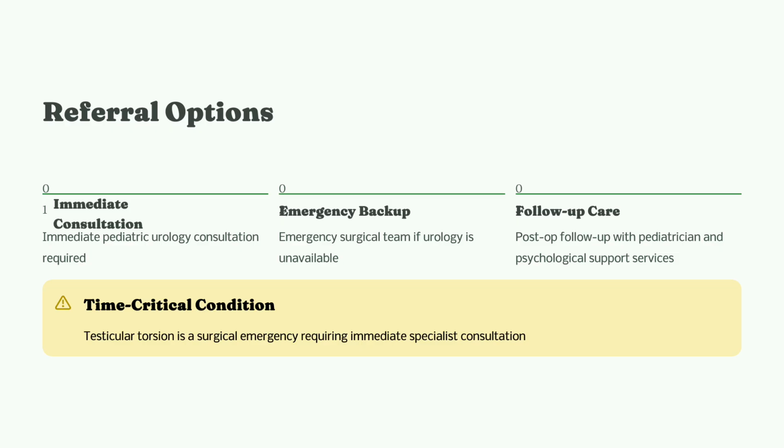Follow-up care would be post-op follow-up with the pediatrician, which is the primary care provider, and psychological support. We would send them to behavioral health and try to find them support there.